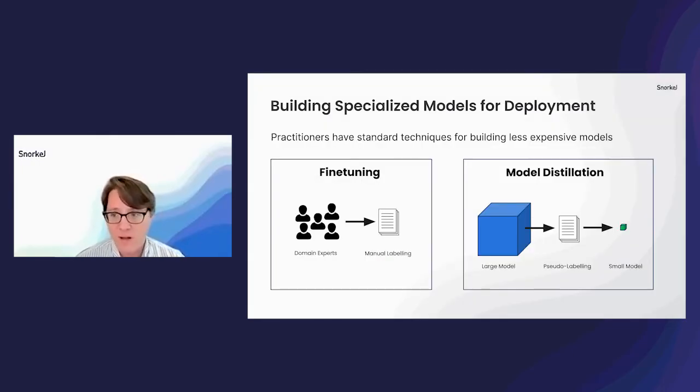If you're an ML practitioner, you have a number of tools in your toolbox to build a specialized model. On the left, you have your classic manual annotation of data by domain experts to curate a training set with which you adapt or train a small model. And recently, we have a newer technique called model distillation.